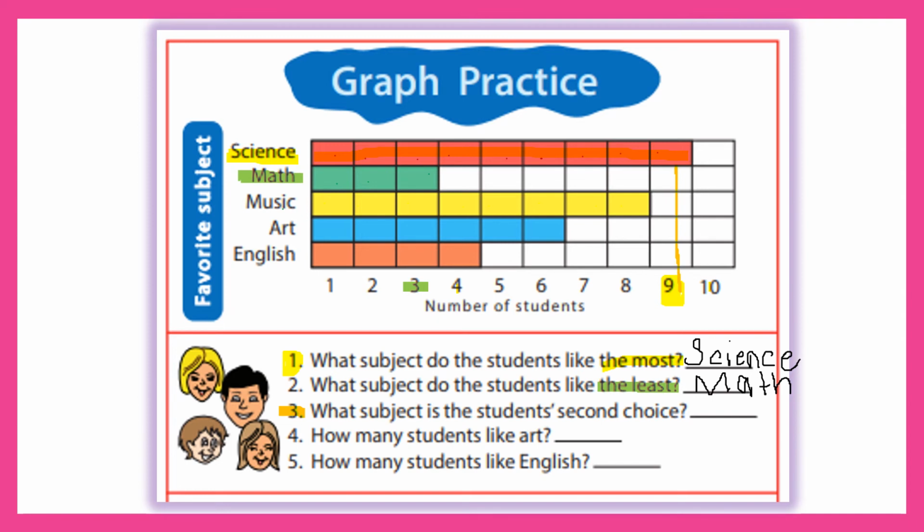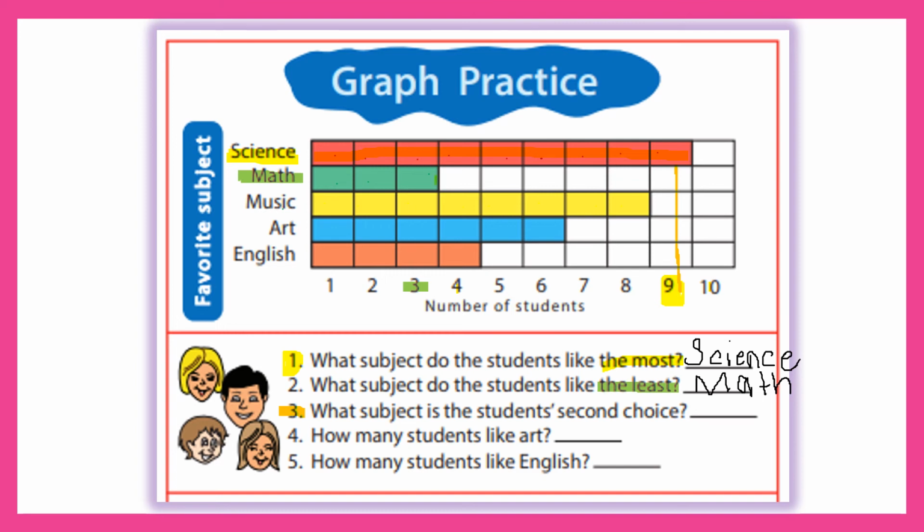So what about the next highest number? What is the next highest number there? Which is the subject that comes the longest, but that's not science because we've already counted that one. What subject? Let's see. Is it math?